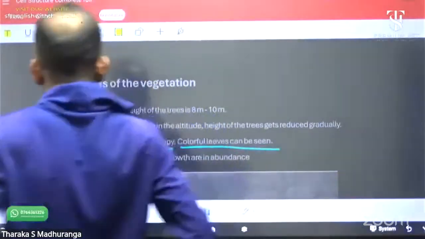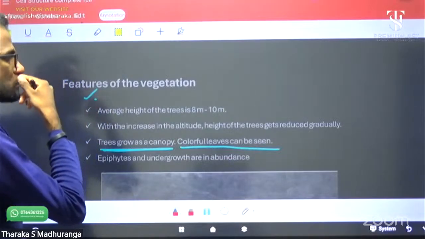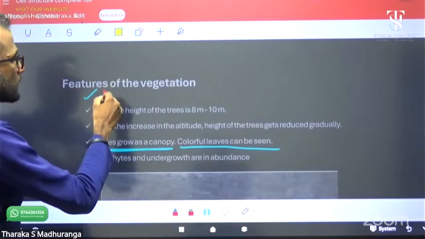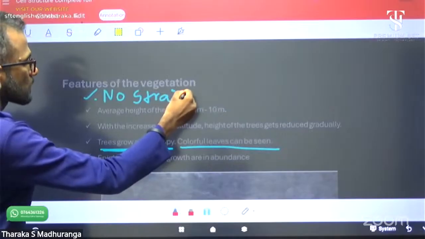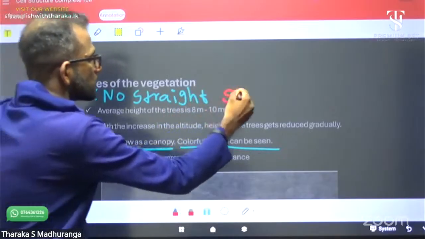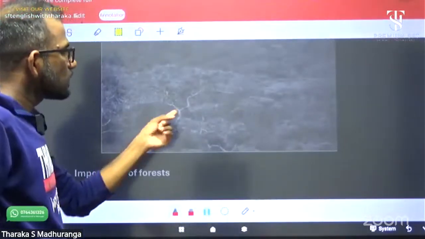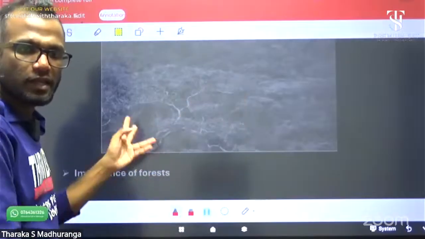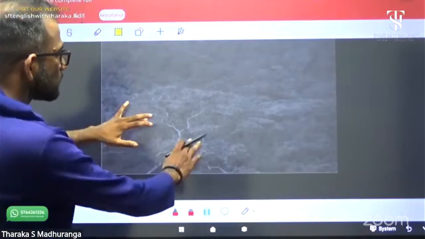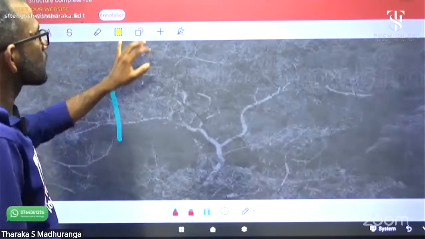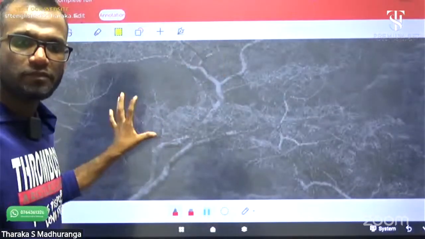Therefore, their stems are a little bit, what we call that, not straight. See, the stems are twisted due to high wind. No straight stems like this. That's the shape of the stems of plants.